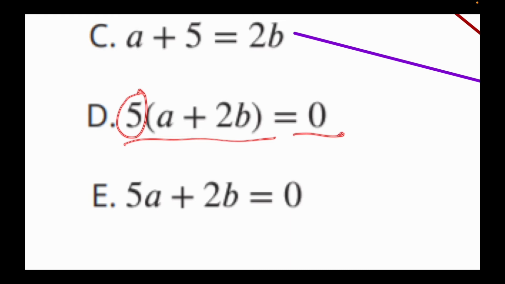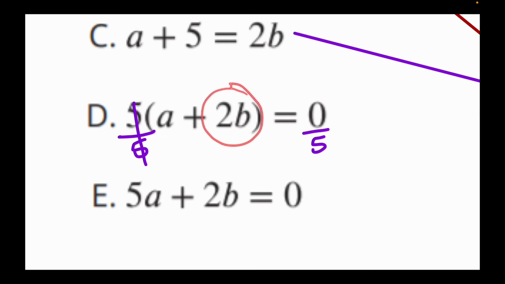So then I would just have a plus 2b. If I divide by 5, it doesn't matter. So I'm going to have a plus 2b is equal to 0. And the only thing I'm going to have left to deal with is just subtracting 2b from both sides. So I really should have a is equal to negative 2b.